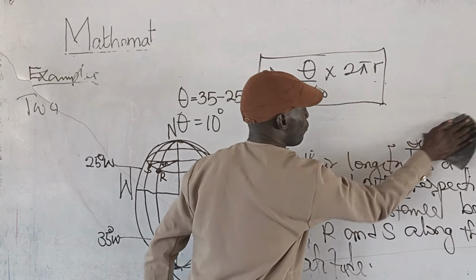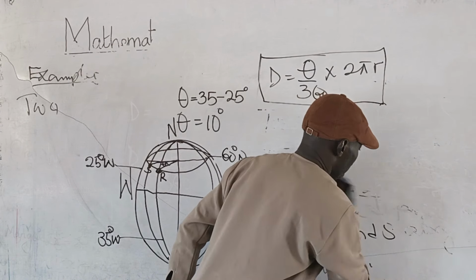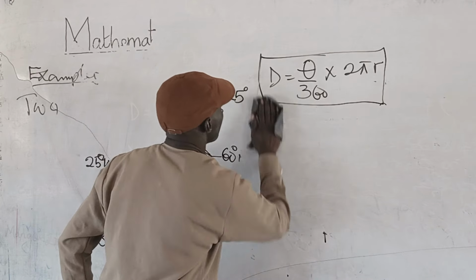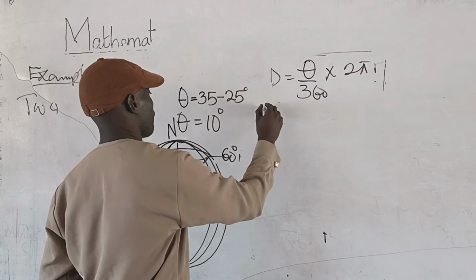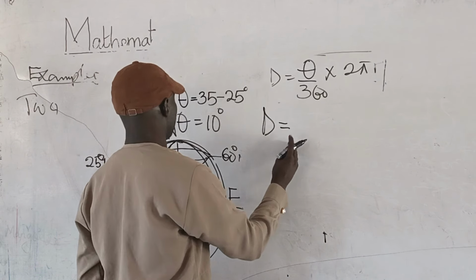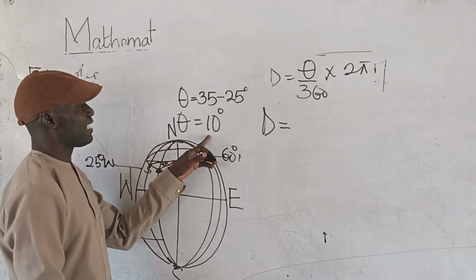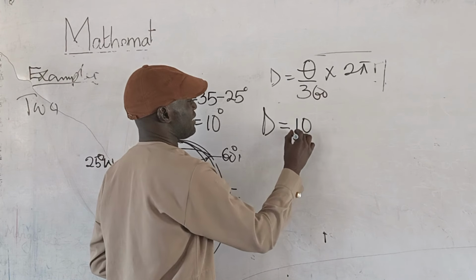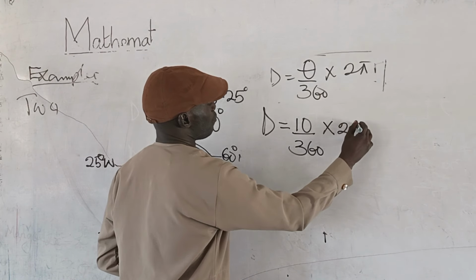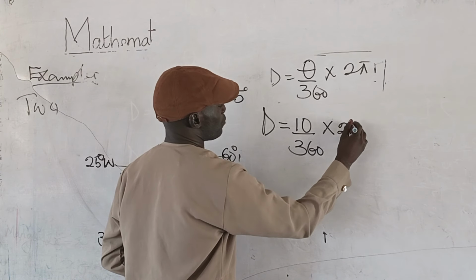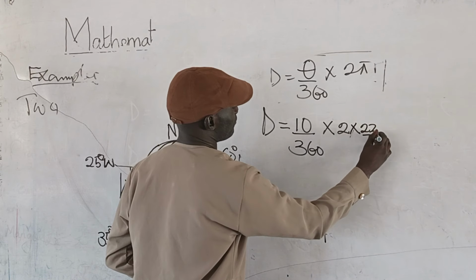Let me quickly work on the calculation. The calculation is this, so that we now use it. D equals our theta. Don't forget, our theta is 10. So 10 over 360 times 2 times 22 over 7 times small r.